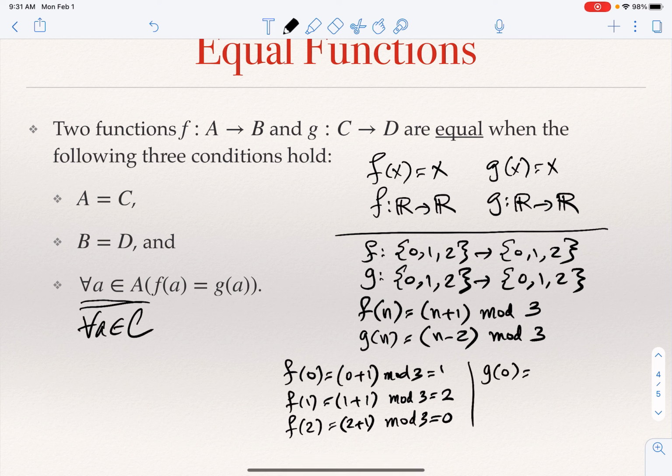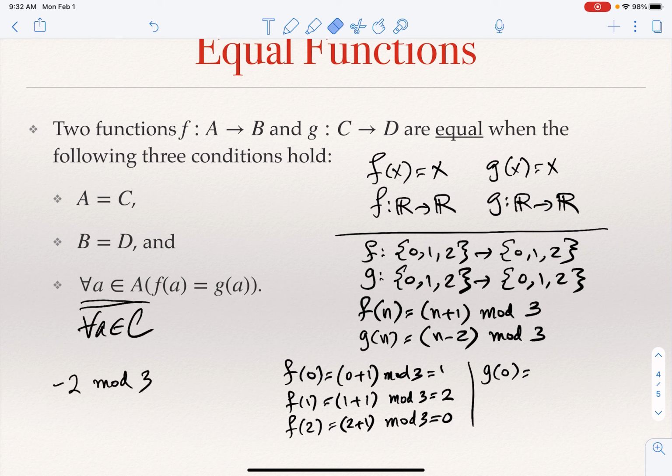What is g of 0? g of 0 is 0 minus 2, it's minus 2, divided by 3, and the remainder. What is the remainder of that? So how do we divide negative numbers and take the remainder? I'm looking at what is minus 2 mod 3.